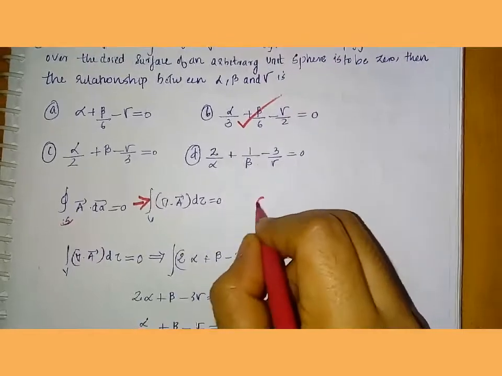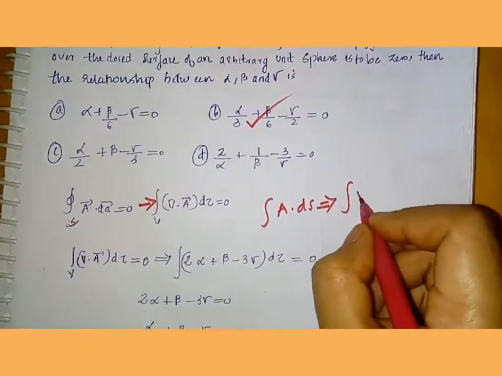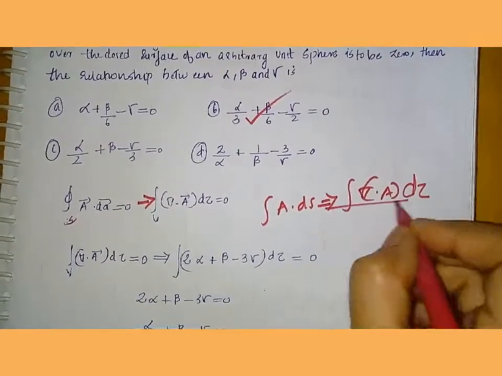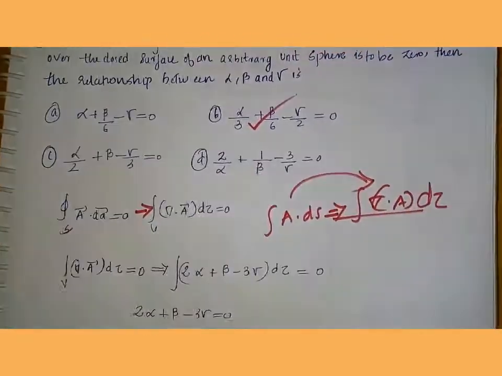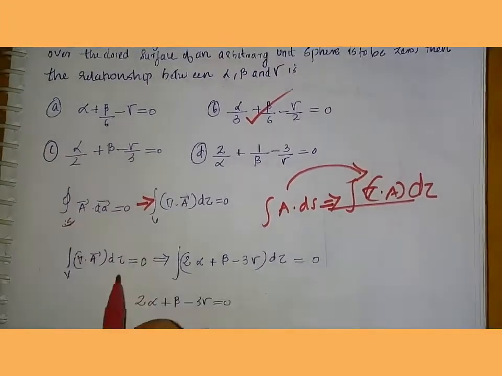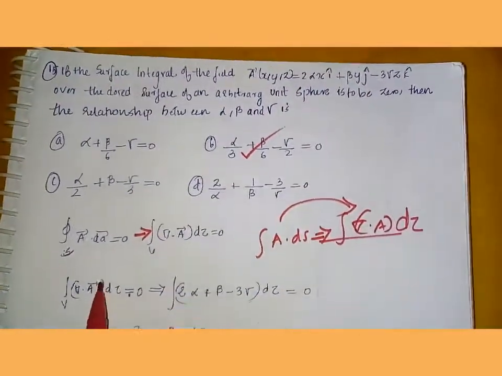From the Gauss law, we know that the surface integral of A dot ds changes to the volume integral of del dot A dτ. Here also we can change it into a volume integral. So del dot A dτ, where A is given.